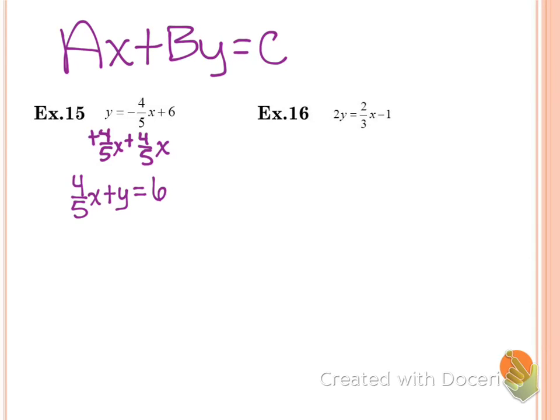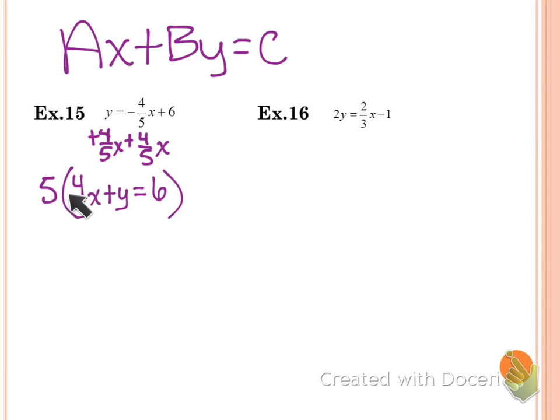All right, are x and y on the same side? Are there fractions? Yes, that's a problem. We don't want fractions. So we are going to multiply the whole thing by the denominator. So we multiply every single thing by 5. That's going to get rid of our fraction for us.